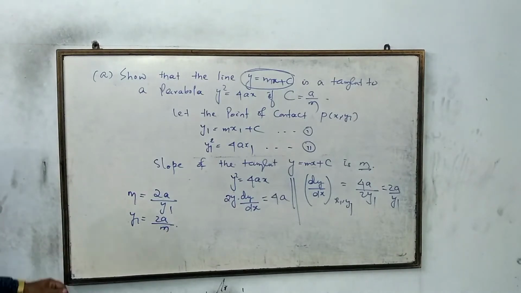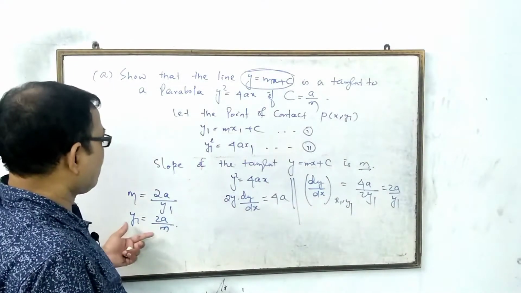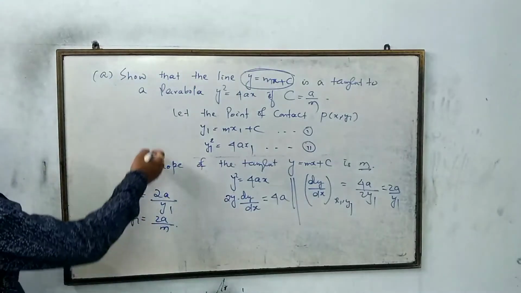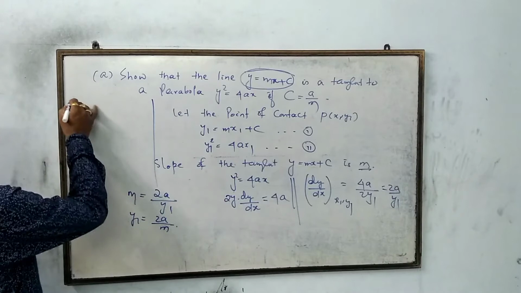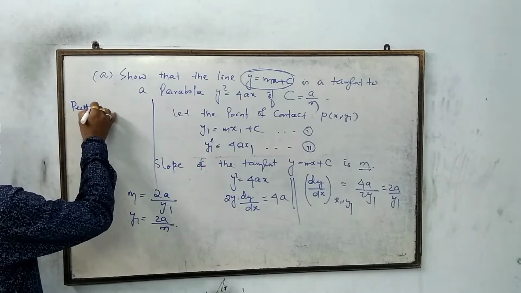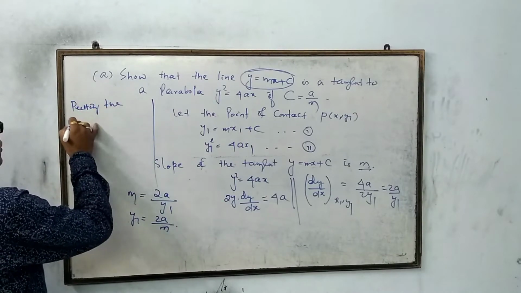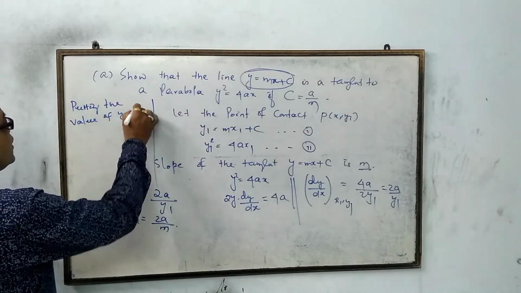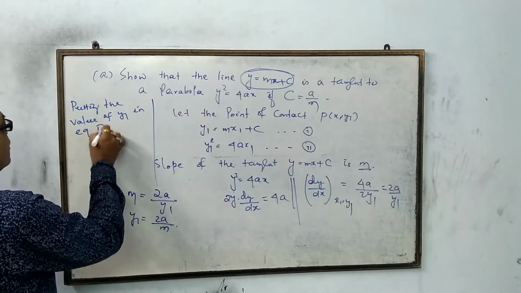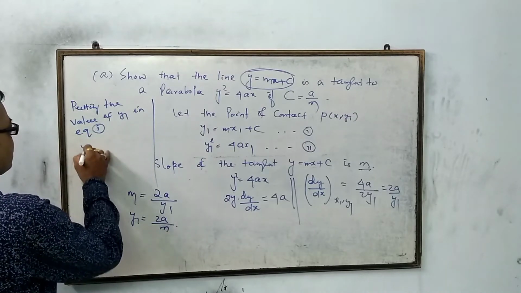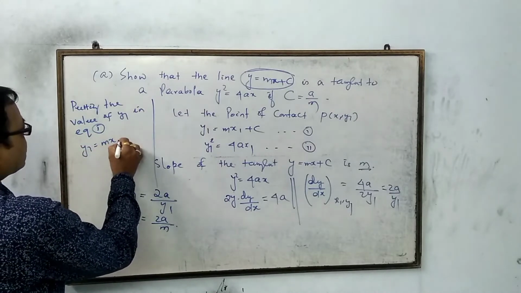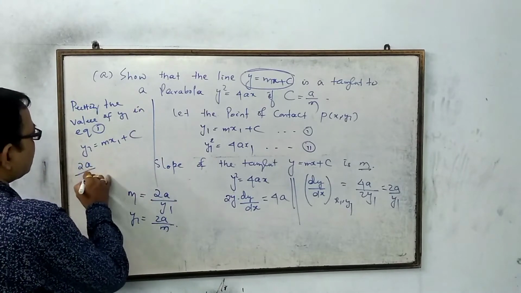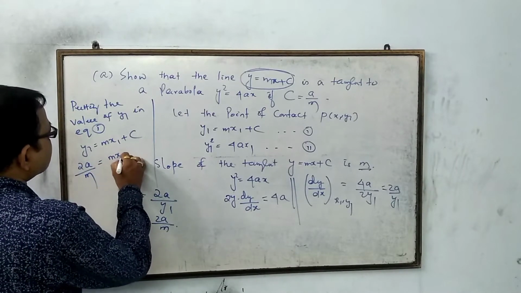Now what will you do? Put this value of y1 in equation 1. What are you getting? y1 equal to m into x1 plus c. So 2a upon m is equal to mx1 plus c.